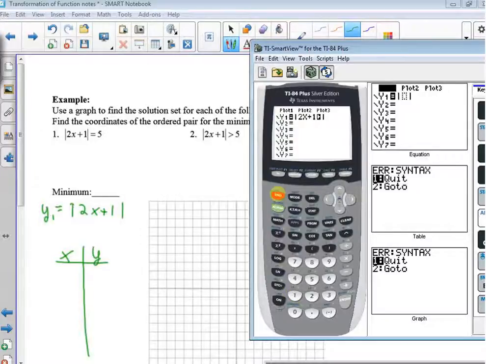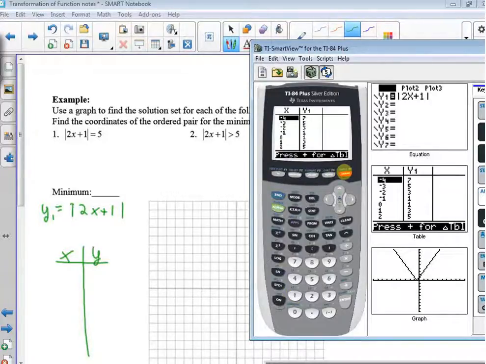And I'm going to check out my table of values here. So I can see the rainbow. I've got the 5 and 5, 3 and 3, 1 and 1. There's got to be a minimum in there somewhere.